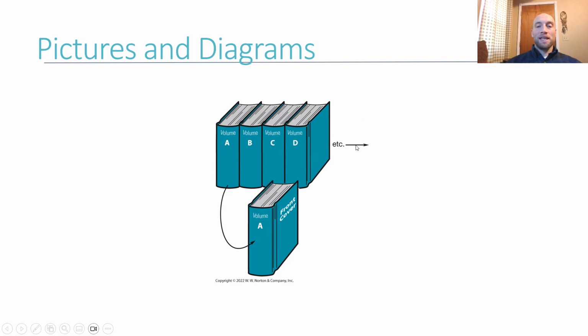So volume Z down here, its back cover is going to be touching volume Y. So when the bookworm gets through volume Y, they're going to hit the back cover of volume Z. So in this problem, when you're doing the math to solve the problem, you're only using volumes B through Y and not A and Z.